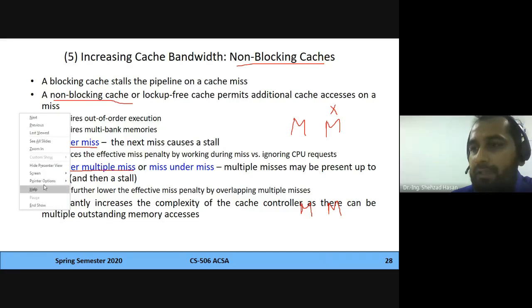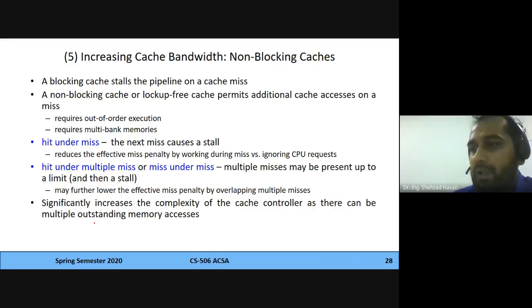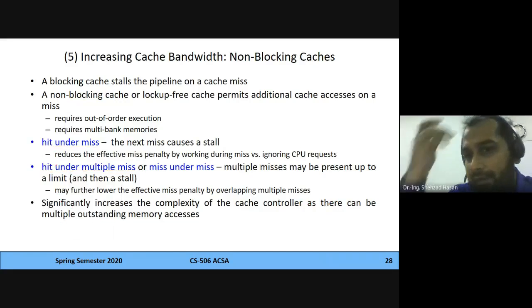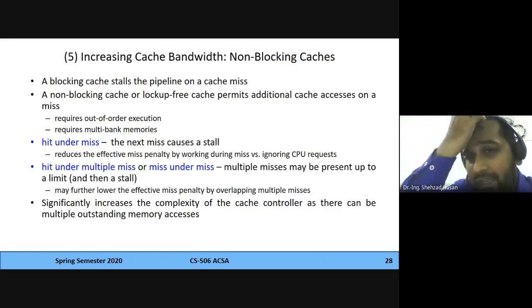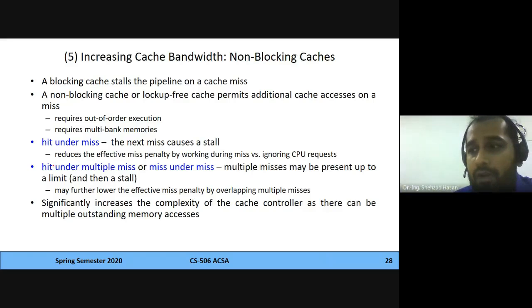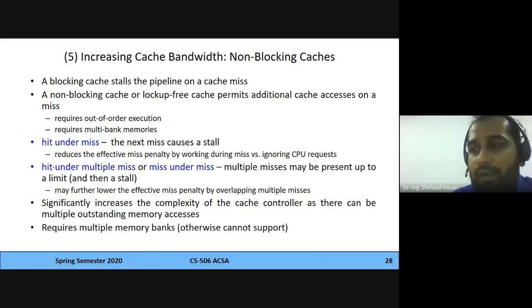Obviously it's going to increase the complexity of the whole system, because designing it for pending writes, pending misses, and handling those misses and looking for which misses have completed, which misses have not completed, is quite a complicated task. But if you have non-blocking caches, this means you are not waiting for your misses. You're not waiting for data for one particular instruction. You can continue with other instructions, right?